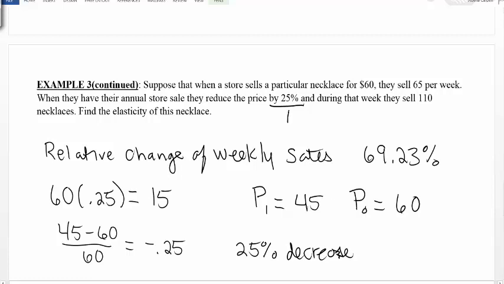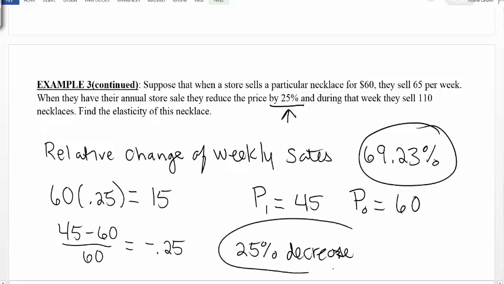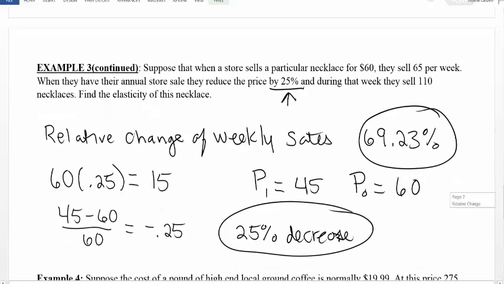So again, here when we say we reduce the price by a certain percentage, that's the same thing as the relative change. So we're going to take these two numbers, the relative change of the product number and the relative change of the price, and we are going to look at the ratio of these two numbers to tell us the elasticity.